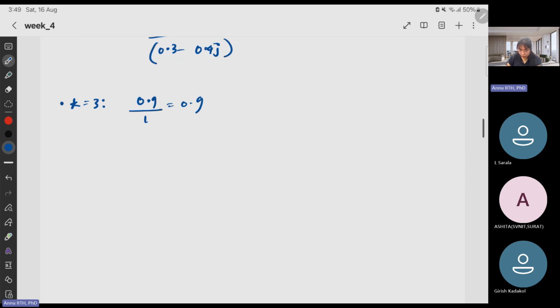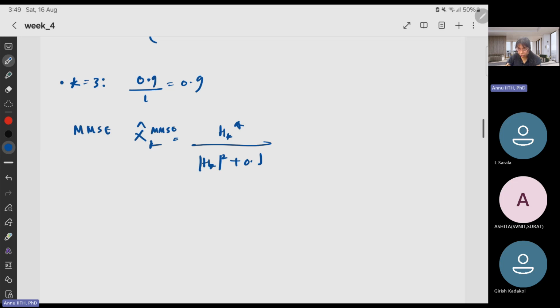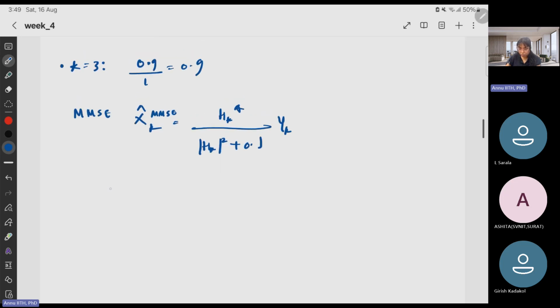The MMSE says that x cap of MMSE for k is equal to h k conjugate over mod of h k square plus 0.1, where 0.1 is the noise to signal ratio, into y k.